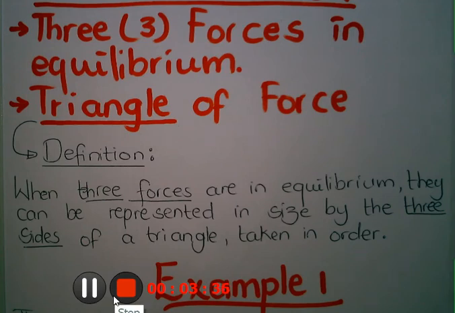I've written down the definition of a triangle of forces: when 3 forces are in equilibrium they can be represented in size by the 3 sides of a triangle taken in order. Remember, we are representing them in size and direction because our forces always have direction.